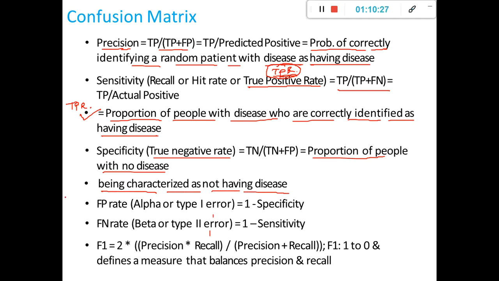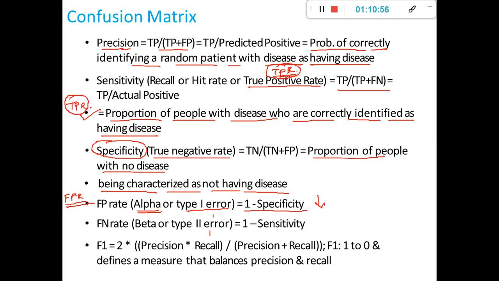Another important parameter is FPR, the false positive rate, which is my alpha, Type 1 error, and it should be reduced. We can calculate FPR using this formula: 1 minus specificity, that is, true negative rate. So when we do 1 minus true negative rate, specificity, we get FPR.